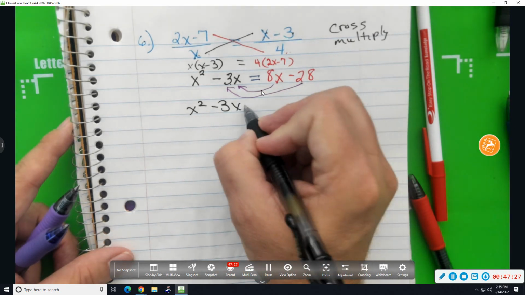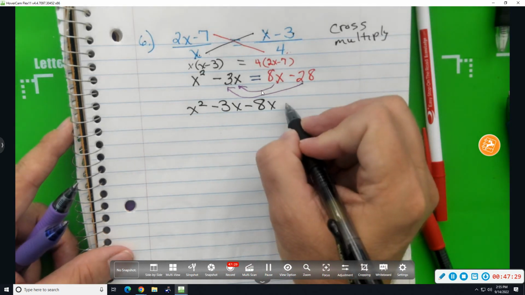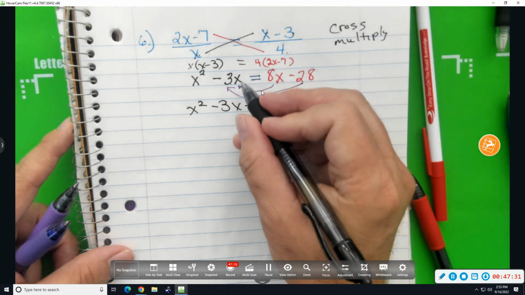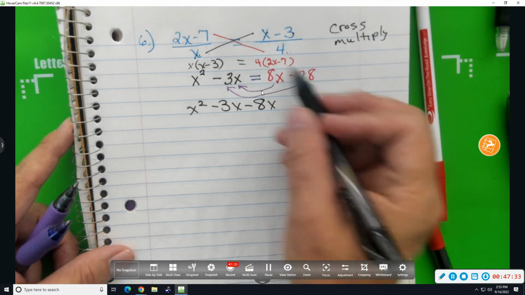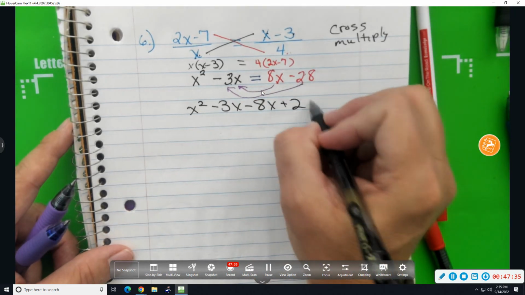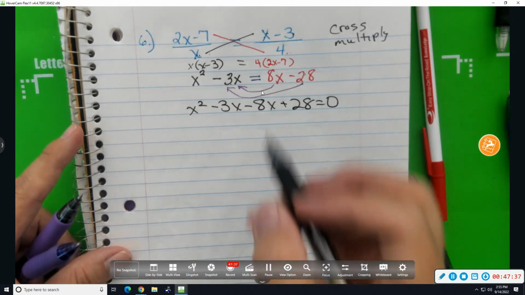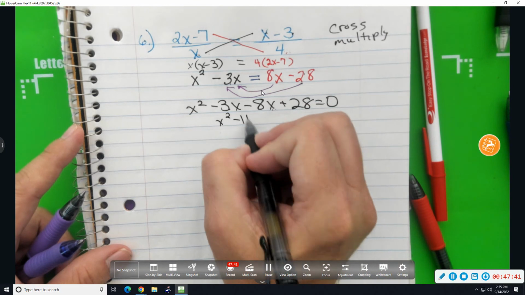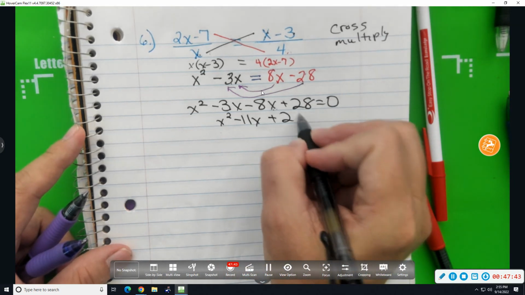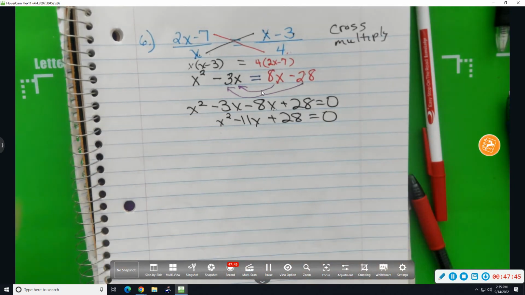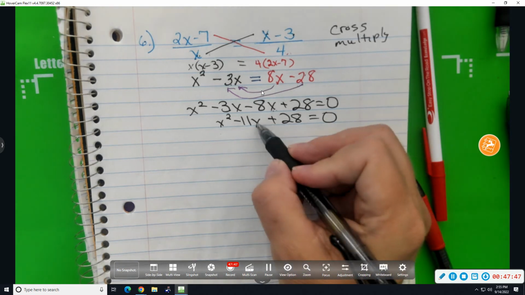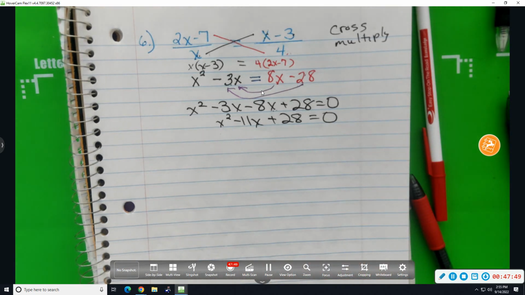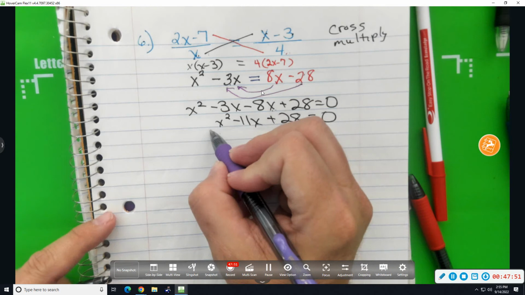That's going to become a minus 8x, and I'm going to move that, and it's going to become a plus 28 equals 0. And then I agree, negative 3x minus 8x gives me a negative 11x plus 28 equals 0. And I'll write my parentheses.